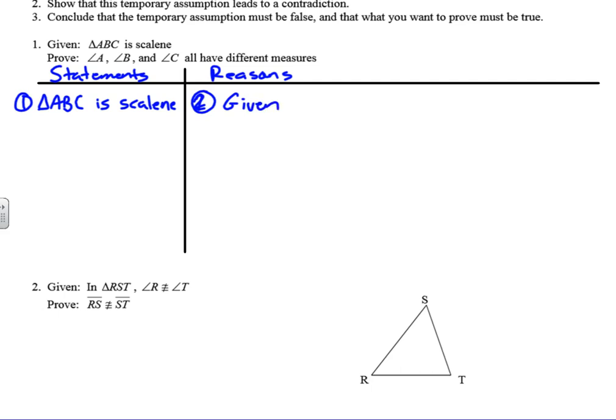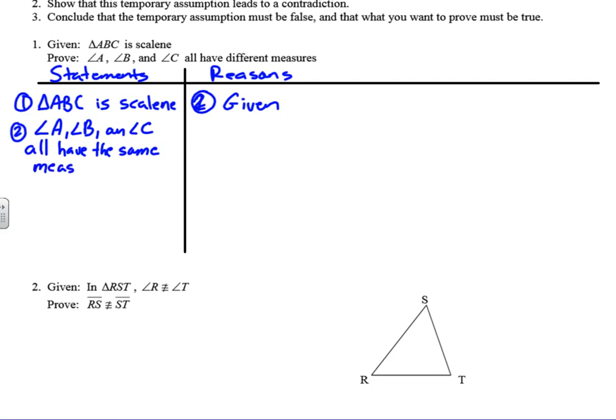All right, now here's how this is different. In number two, we would say the opposite of what was said. What we're trying to prove is that angles A, B, and C all have different measures. So let's say that angle A, angle B, and angle C all have the same measure.